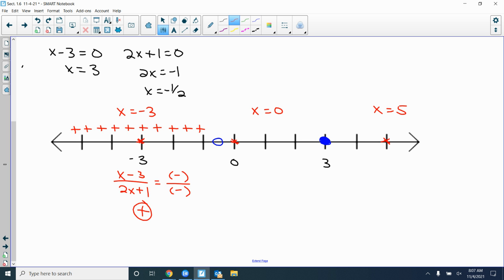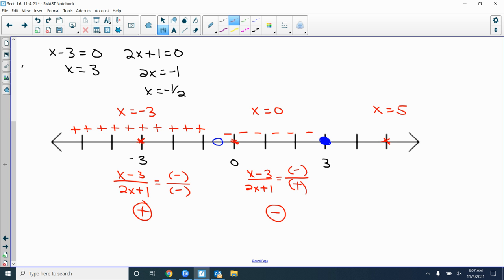All right, the same idea. I'm going to plug x into x minus 3 over 2x plus 1. I'm going to plug in 0. 0 minus 3, negative. 2 times 0 plus 1 is positive. Negative divided by positive is negative. So everything in between those two critical points is negative.